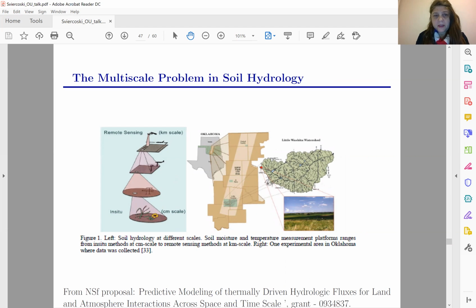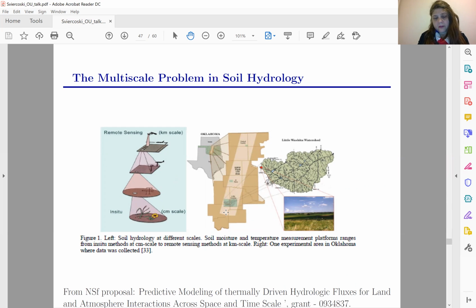This is the setup and the motivation: the radar gets data at kilometer scales and needs to capture the in situ scale, which is centimeters. This is a band of Oklahoma where the satellite gives us this data.